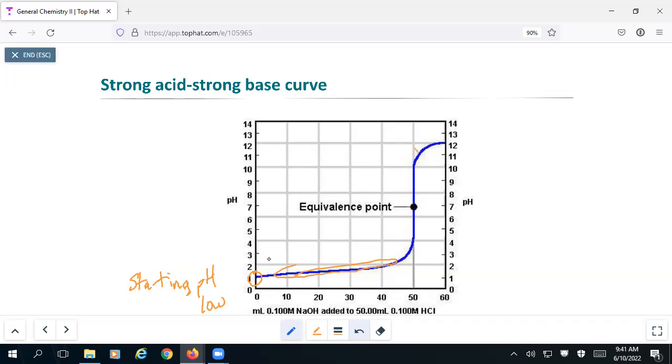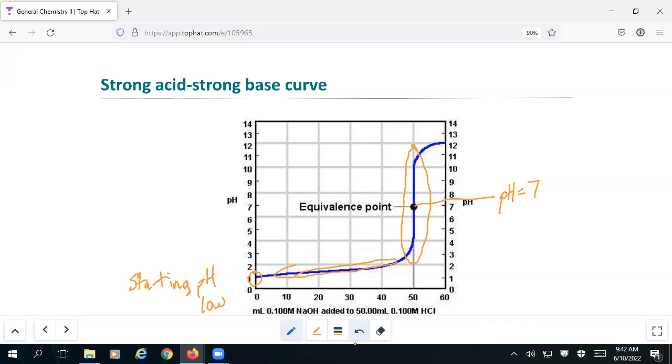In and around the equivalence point, we see this very sharp change in pH. The equivalence point is at or near pH 7. And then as we go to the top, we'll see it slowly rises and then kind of levels off. So those are the characteristics of a strong acid, strong base pH curve.